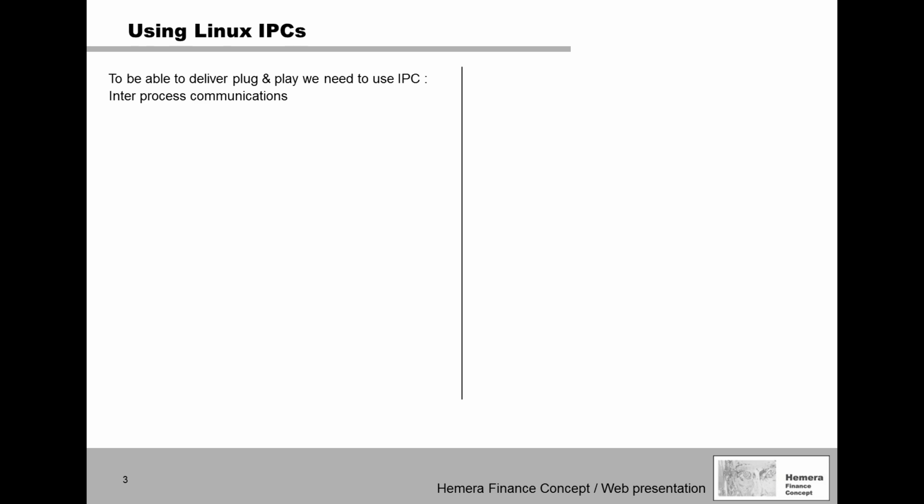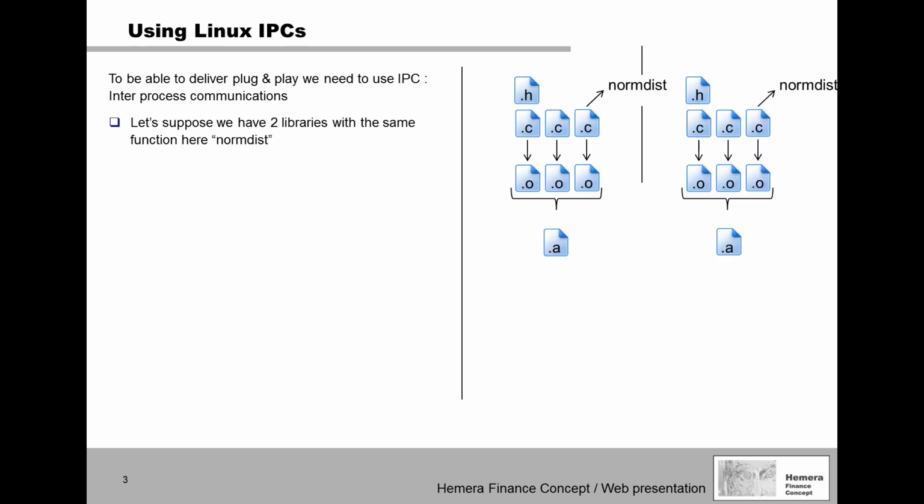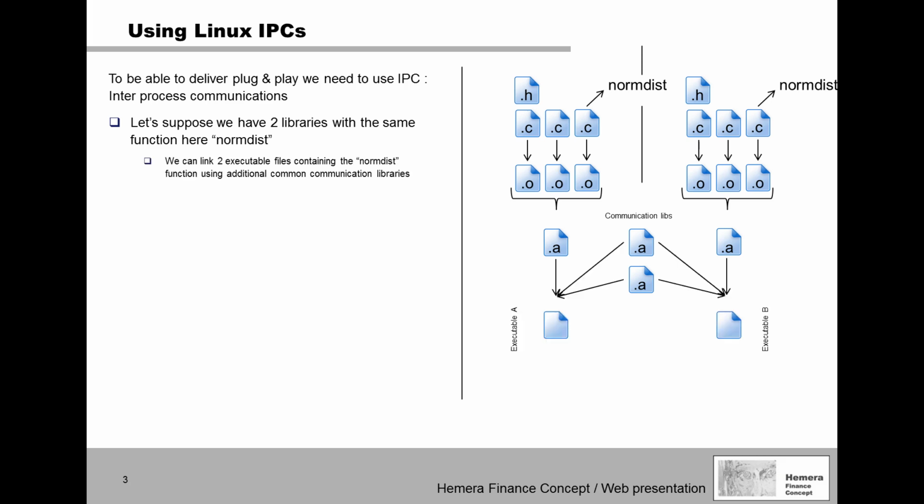To do so, we will need to use IPCs, an acronym for inter-process communication. Let's suppose we have two different libraries with two implementations of the normDist function. We also have additional communication libraries at our disposal. We can build two executables, one per library, each executable using one of the normDist functions.